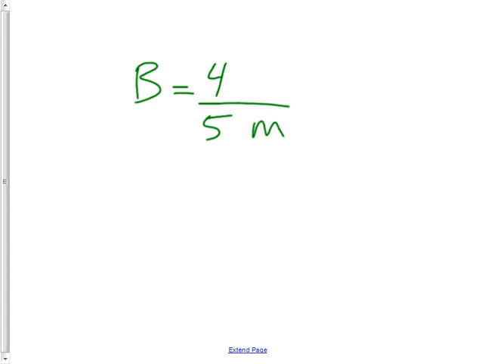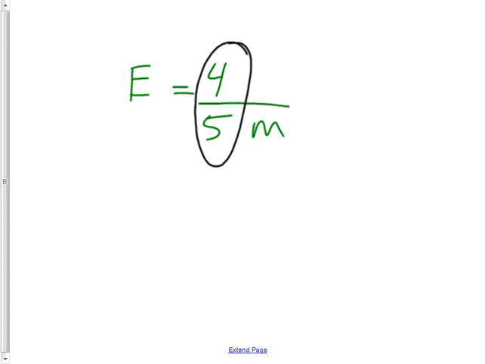Let's say this is B for the battery, or I'm going to change to E for energy. If I had this one, my energy is inversely correlated with the mass. As soon as they say inversely, you know your variable has to be on the bottom of the fraction. So again, the problem would have been if energy and mass are inversely correlated and have a constant of variation of 4/5.